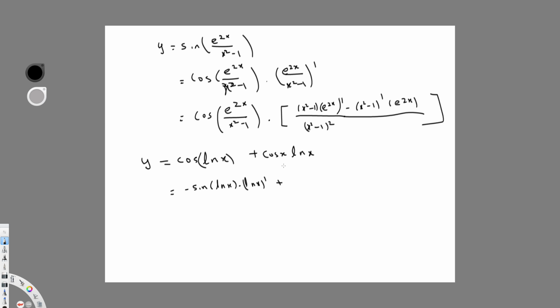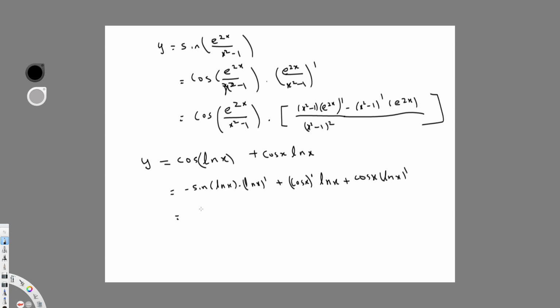And then the product rule is saying that if two things multiply, we take the cos x derivative first, then multiply by ln x, then plus cos x remains the same, then the ln x derivative. So this is the product rule.